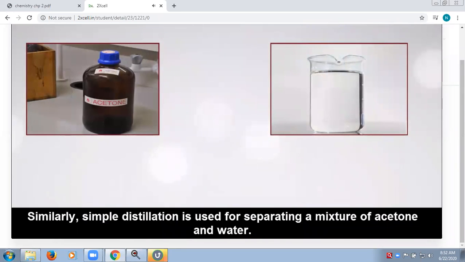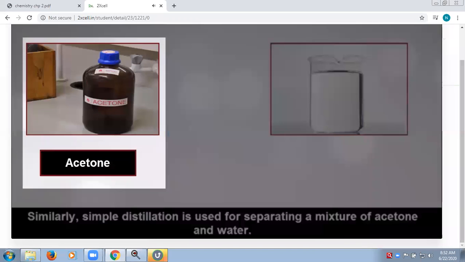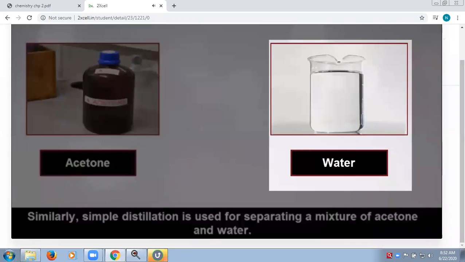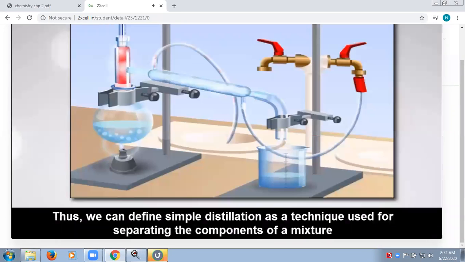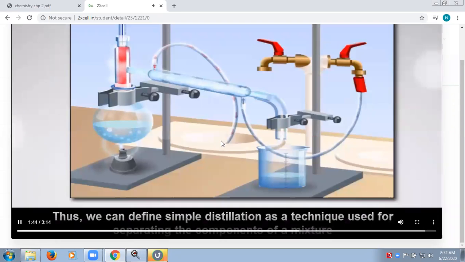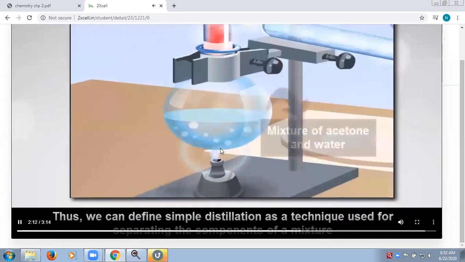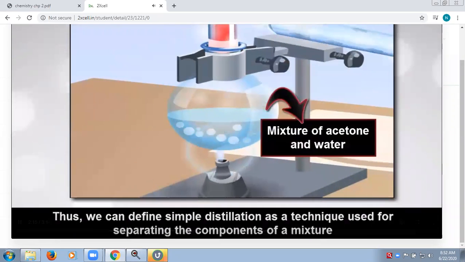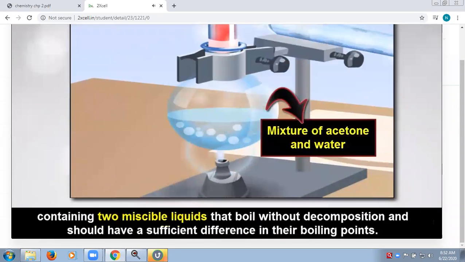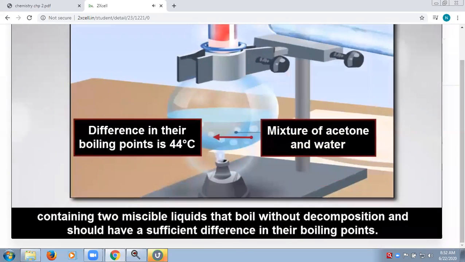Similarly, simple distillation is used for separating a mixture of acetone and water. Thus, we can define simple distillation as a technique used for separating the components of a mixture containing two miscible liquids that boil without decomposition and should have a sufficient difference in their boiling points.